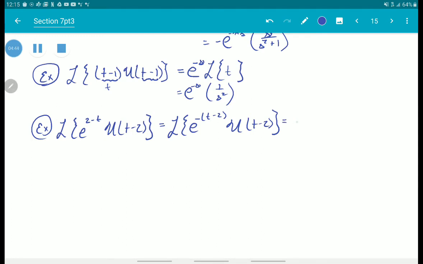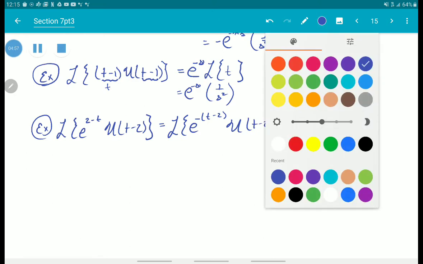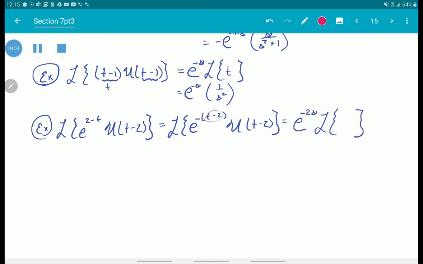So it's e to the negative as. Our a is 2. And we're treating this, let me write it in a different color, we're treating this guy like a t, even though it shifted to the right 2 units. So we're finding the Laplace of e to the negative t there.